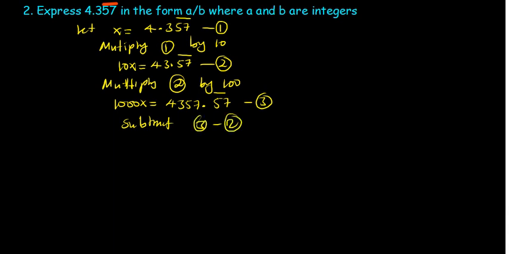I'll write that 1000x is equal to 4357.57 repeating, and we have 10x which is equal to 43.57 repeating. So what is 1000 minus 10? That is 990x.